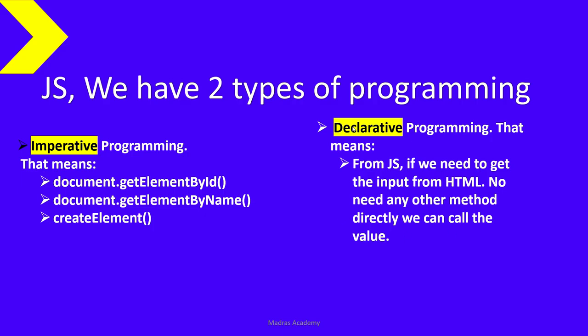This type is called the declarative programming method. In React, we are using this way to get the value from HTML to JavaScript. How we need to write this, we'll see that.